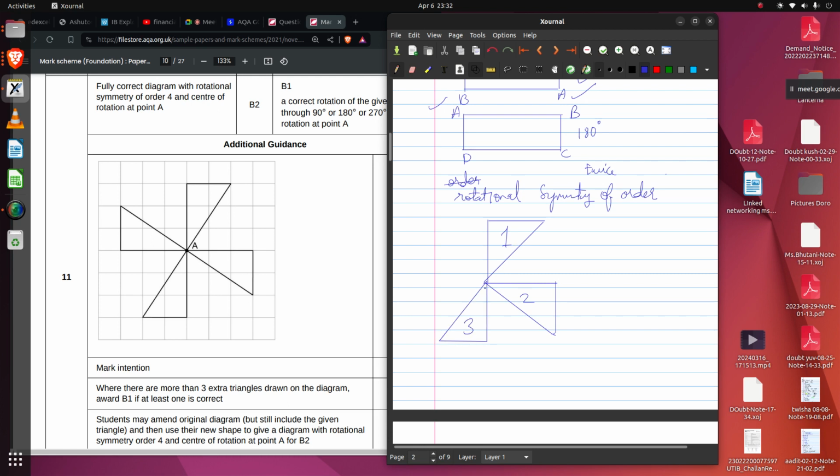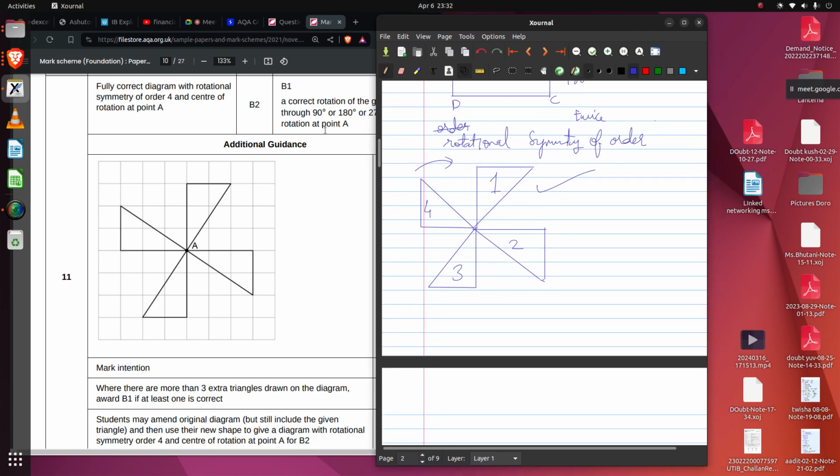So now the thing is, how many degrees should you rotate so that after rotation it should look exactly like this way? Whether it is clockwise or anti-clockwise, that doesn't matter. When you say 90 degrees, exactly.